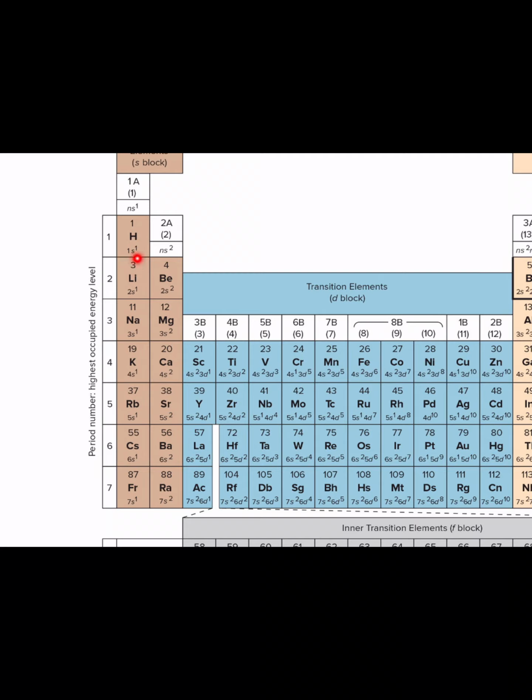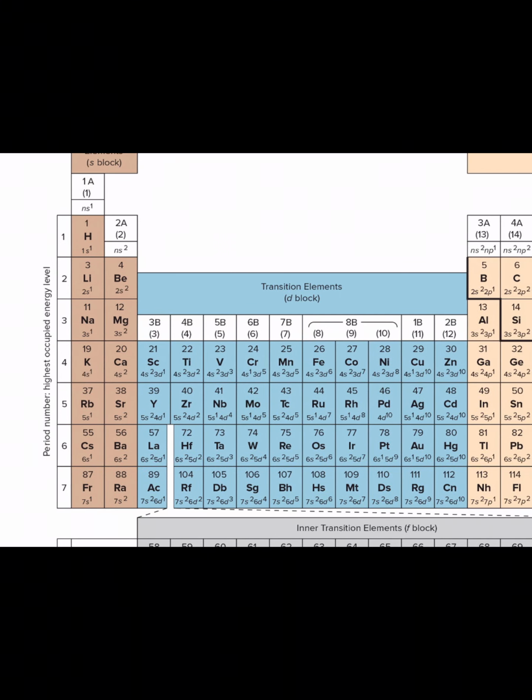Since it's the first period, 1s1, lithium would be 2s1, sodium 3s1, potassium 4s1, rubidium 5s1, and cesium 6s1, like that. And then group 2 would be 2s2, 3s2, 4s2, 5s2, 6s2, like that. So for each group we'll have the same outer electron configuration, but the period number will change.